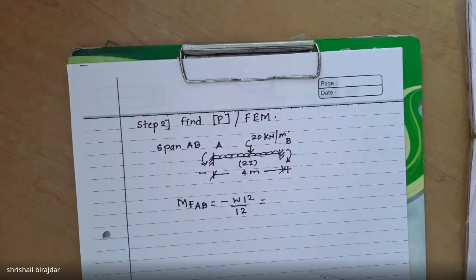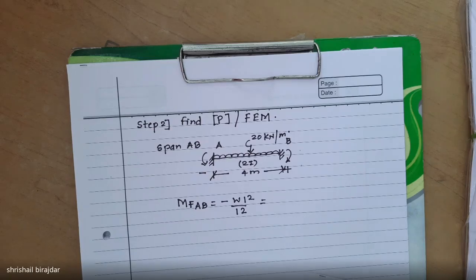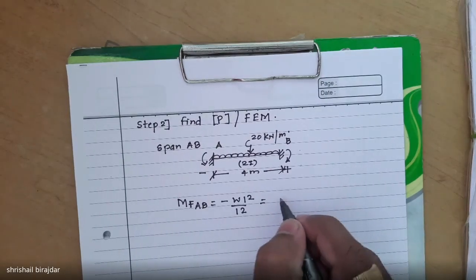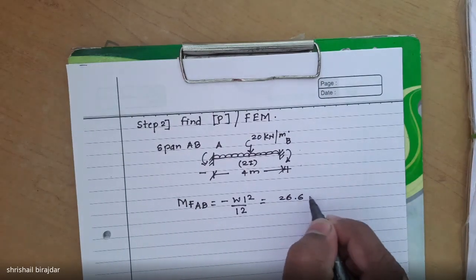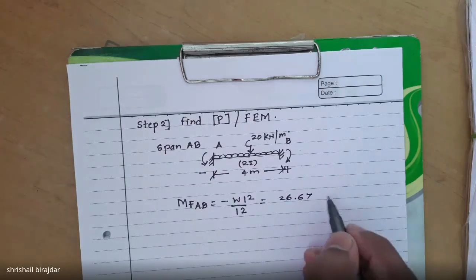If you have the calculator with you, then find out. 26.67. Instead of that, you just put a comment. 26.67 kilonewton meter.